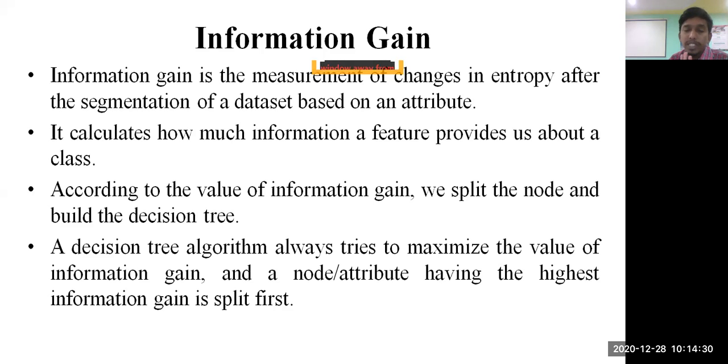Among these four, whichever attribute has the highest value will be selected as the first best splitting criteria. The second value will be taken as the second best splitting criteria, then third and fourth. Accordingly, according to the values of this information gain, it will be splitting its attribute values.